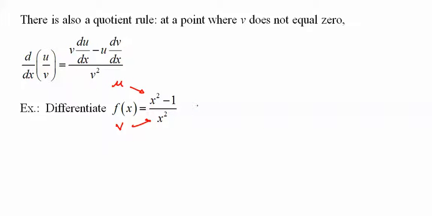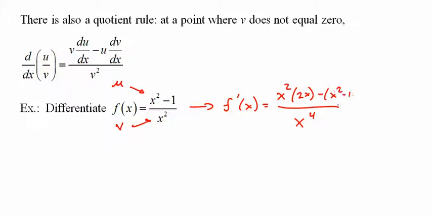And F prime of X is going to equal X to the fourth on the bottom. Keep that one the same. Take the derivative of the second one. Minus, keep the top one the same, doing my best not to screw up again, times the derivative of the bottom one, 2x. A little bit of algebra to do here.